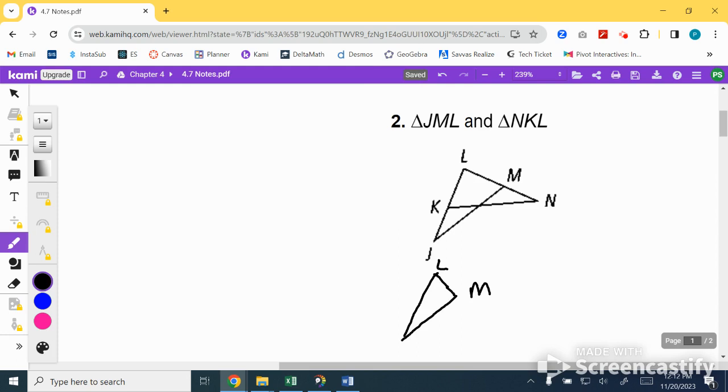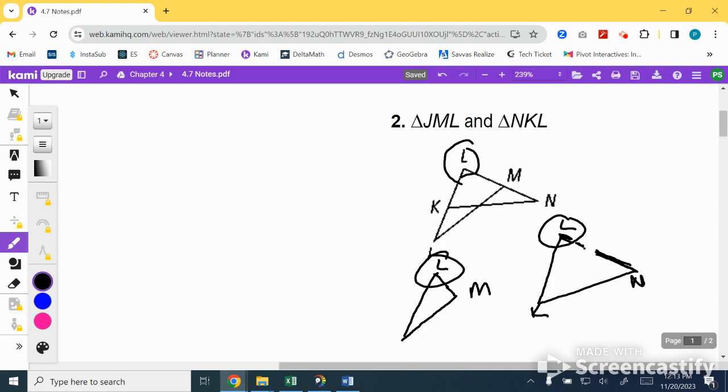First of all, I take a look at KN, and I notice it kind of goes up a little bit. So this one will be K, this one will be N, and then from K, I'm going to go up here to find L, and then I'm going to just connect. Just close this up. And what happens here is in both of these triangles, I have angle L. So the one that's in both triangles is angle L.